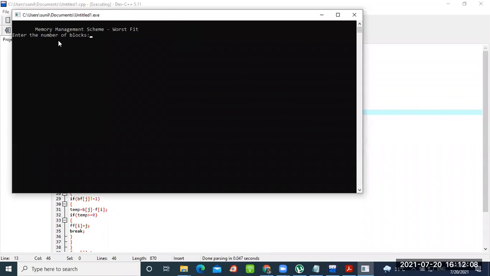Okay, enter the number of blocks. Just tell me the problem that we have solved in the class, the very first problem. How many blocks are there? 6 blocks. Enter the number of files, that means processes. How many processes are there? 4 processes. Now enter the size of the blocks.